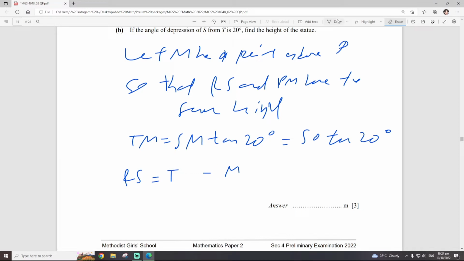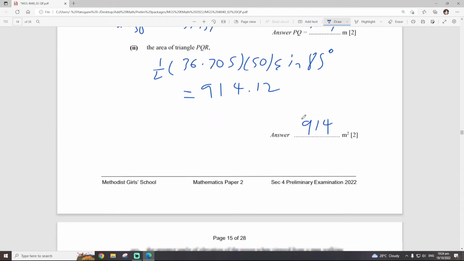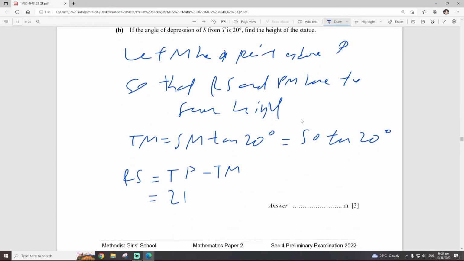So essentially it is TP being the 50 something, or is it 21.2? Sorry. So it's 21.2 minus 50 tangent 20 degrees. Okay, and then you can figure out what this is. So trigo is always about the language of stuff. So you get 3.00, to 3SF. Okay, I'll take a short break and I'll come back to you guys in a bit.